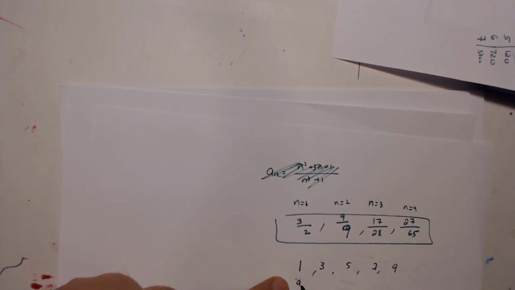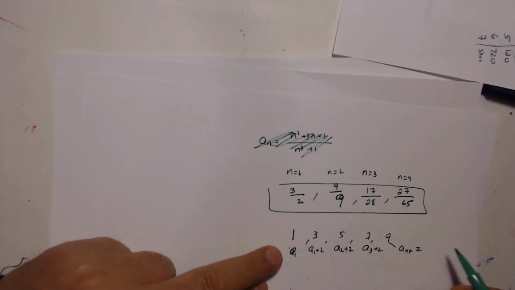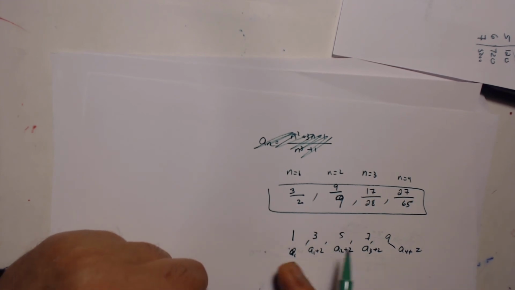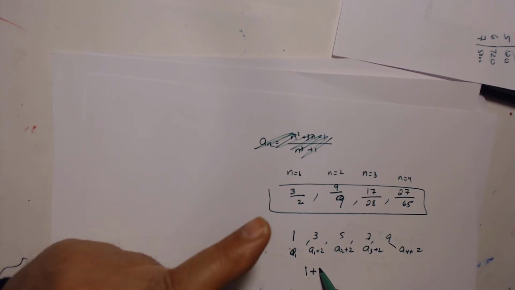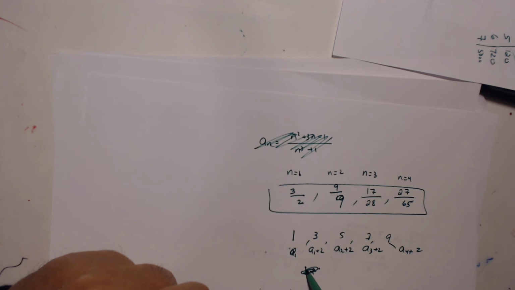Therefore, this is A1 plus 2, this is A2 plus 2, this is A3 plus 2, this is A4 plus 2. Therefore, you can find this one. Let's talk about it. What is the difference? The difference is 2.